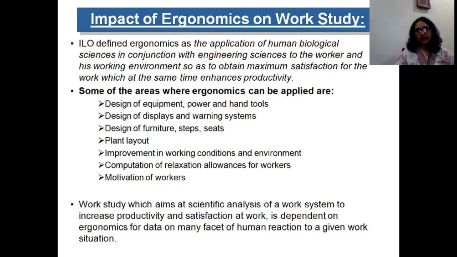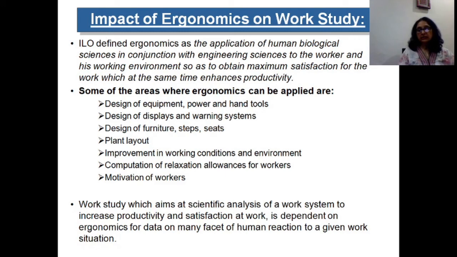If we have to group all these points, we can say that the areas ergonomics targets are the work, that is the perceptual load, the mental load, and the physical load. Then it targets the working conditions, like posture, working space, rest hours and so on.